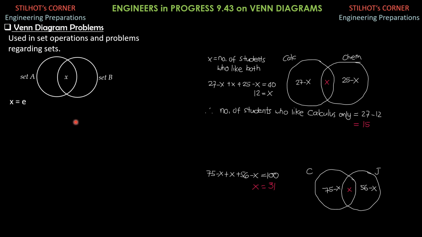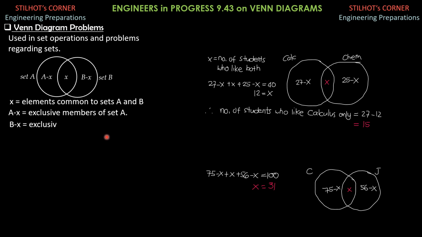So X is the elements common to sets A and B. Therefore, if the total number of members in set A is A, then the exclusive members of set A would only be A minus X. So that's the exclusive members of set A. Exclusive members of set B would be B minus X.